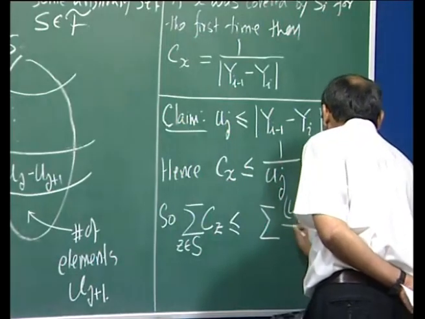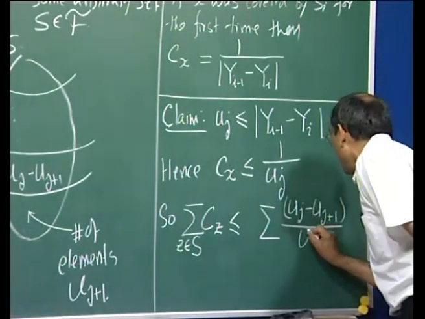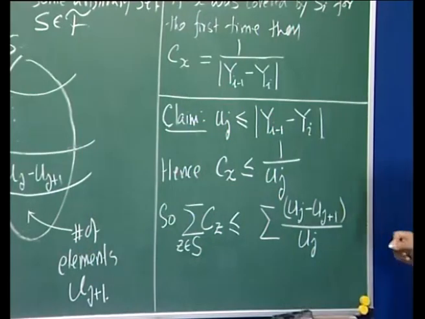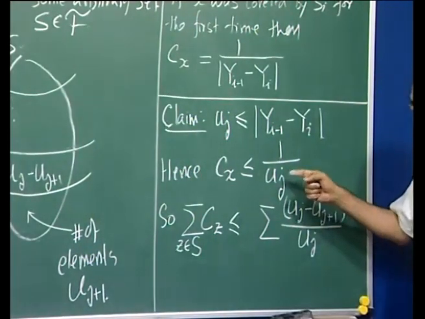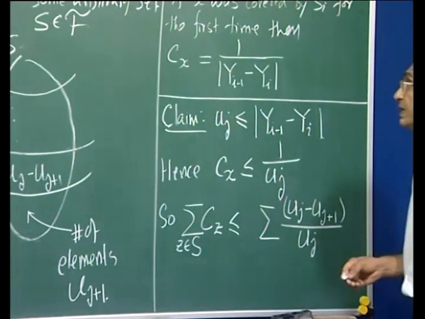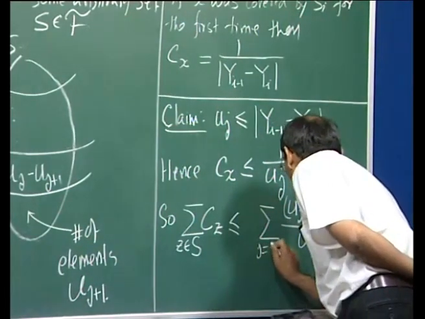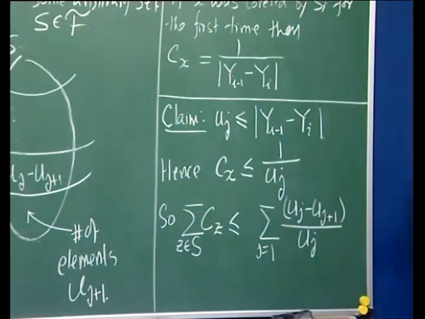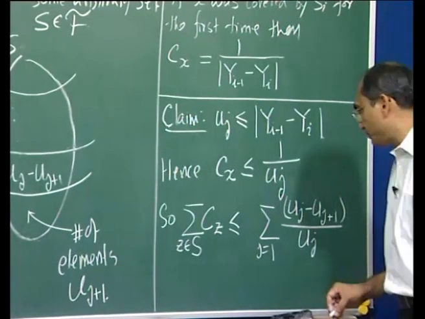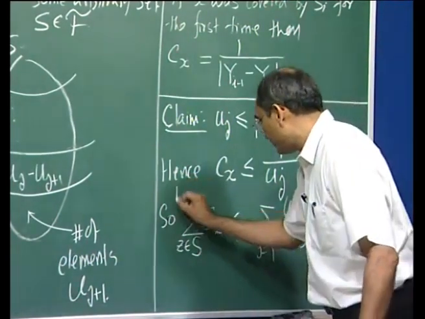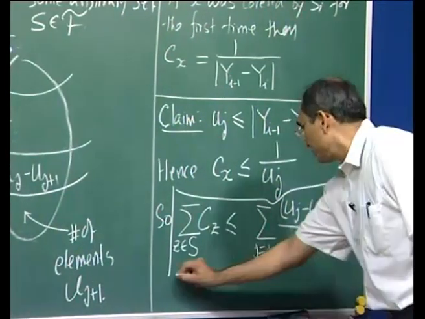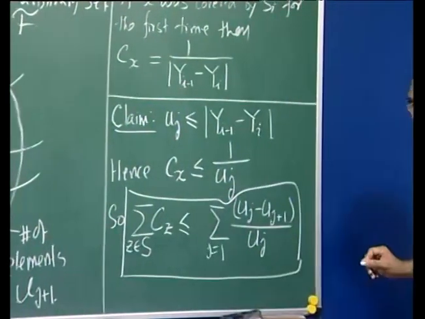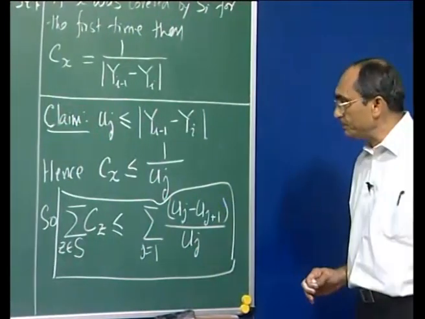These many elements each had a cost of 1 over uj at most, and our j start from 1 and go on for all the values of the set cover. So, this is one useful inequality that we have. We will use it later on.